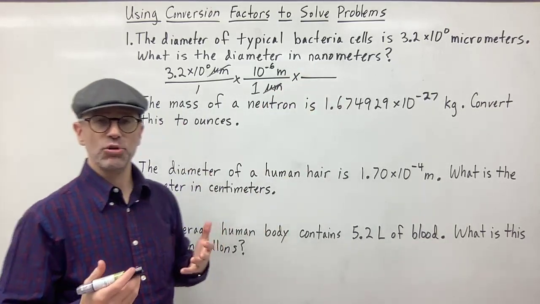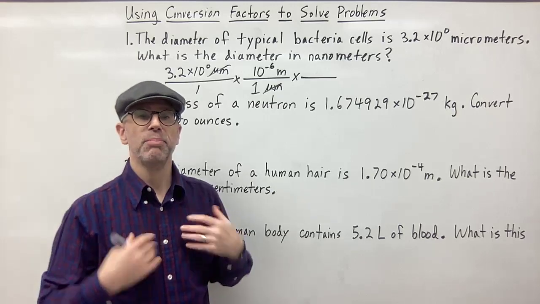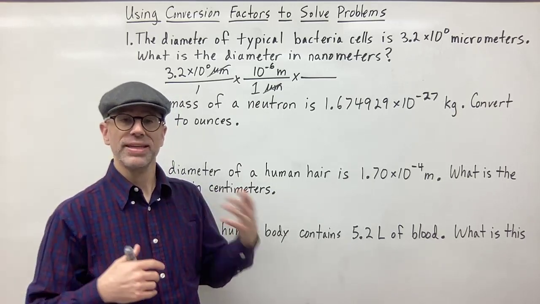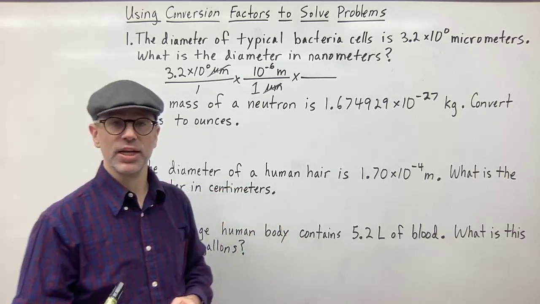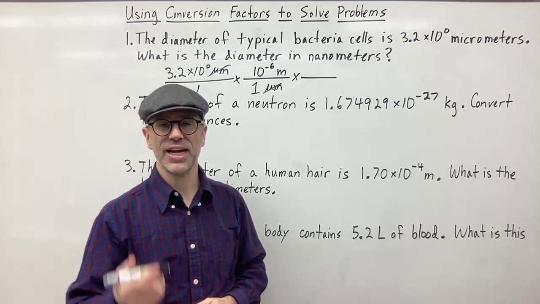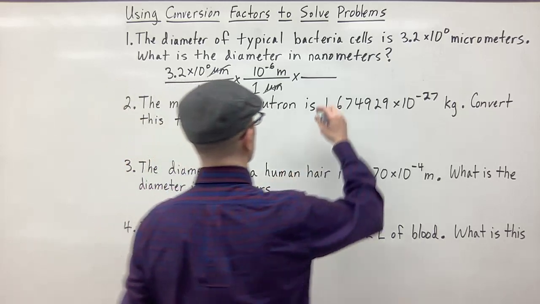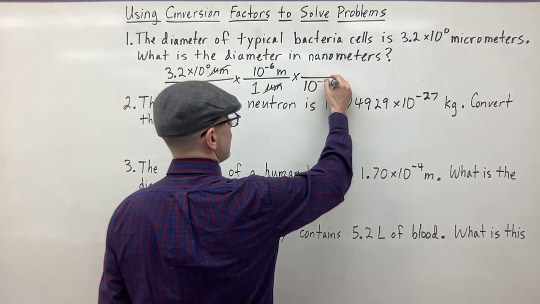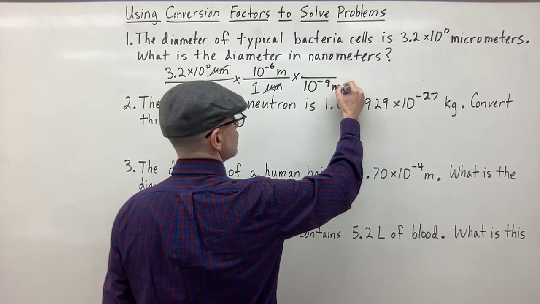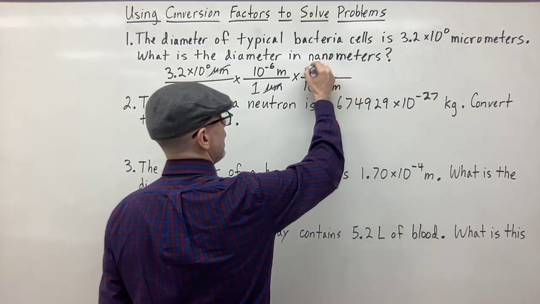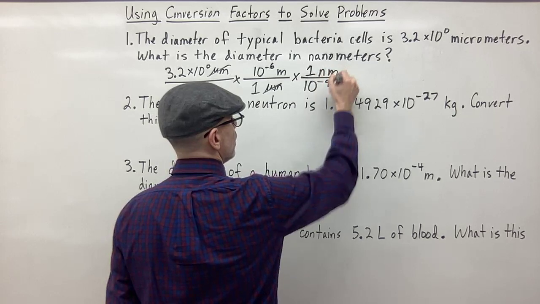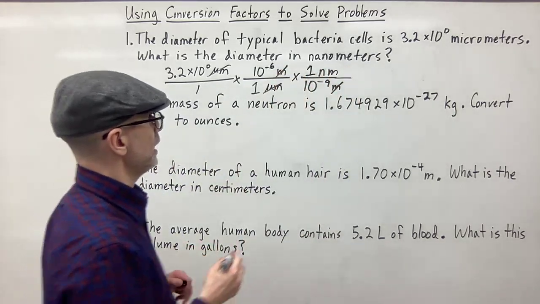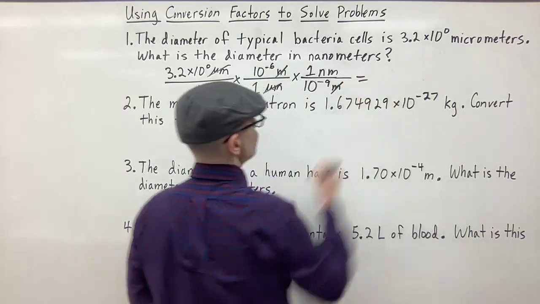Nano is 1 billionth, or 10 to the negative 9 meters. So I'm going to put 10 to the negative 9 meters on the bottom and 1 nanometer on top. So meters now cancels out, and now I have nanometers, so I'm done.